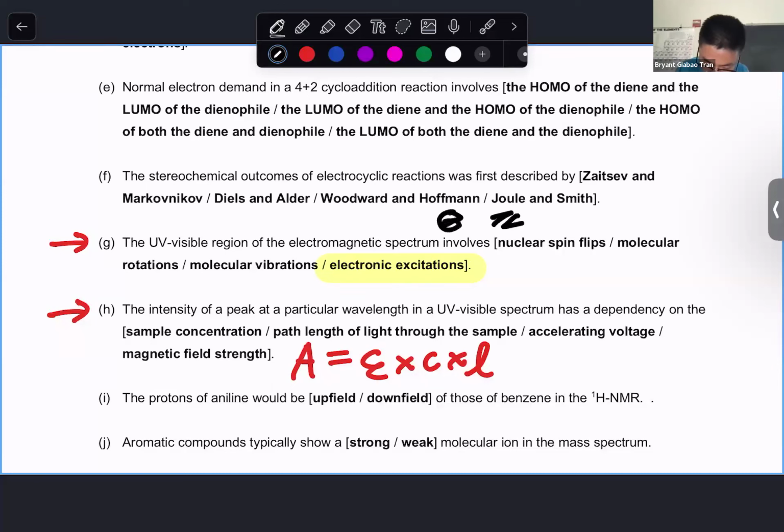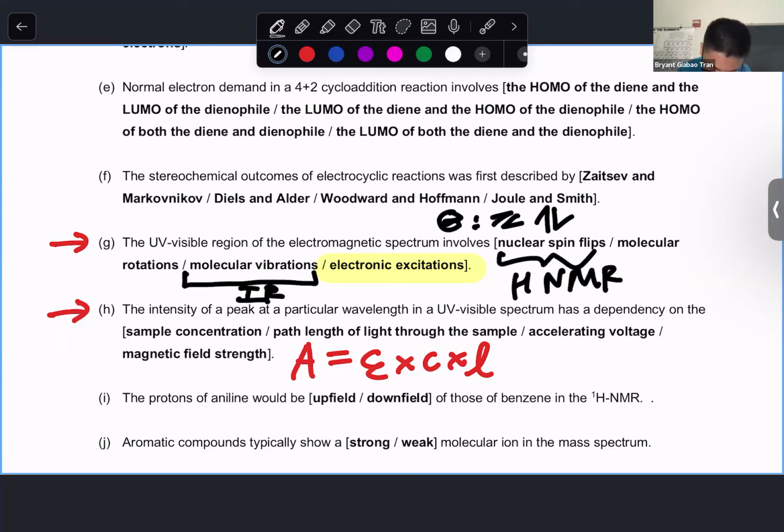It is going to reorient itself like that. That's for HNMR. Molecular vibrations, that's more for IR. Electronic excitations, UV vis. We are exciting electrons from the ground state to the excited state. Molecular rotations, I think that's talking about rotating sigma bonds.